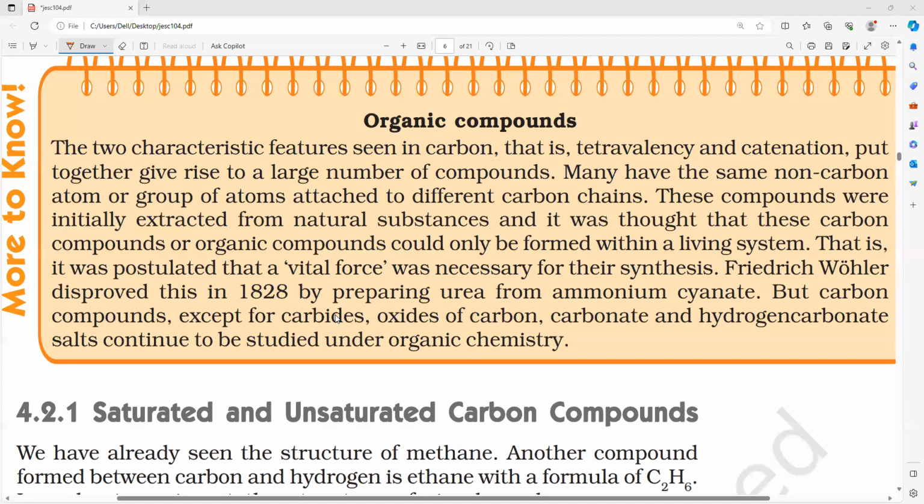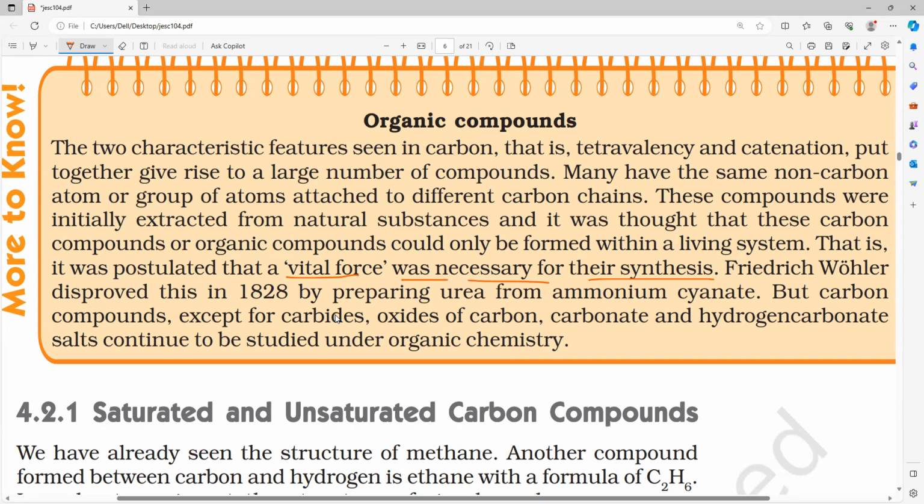That is what we used to call the vital force theory. Where is that word here? Yeah, vital force was necessary for the synthesis. By that time people used to believe that whatever compound you prepare definitely comes from animals or plants, so they must have a base.